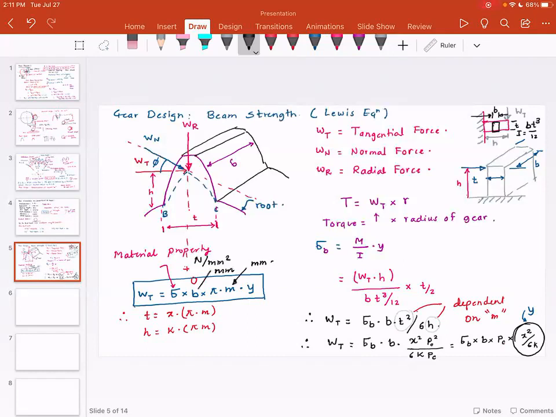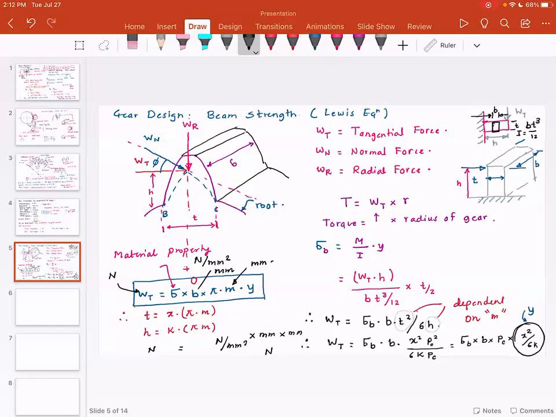So the units on the left-hand side match with the units on the right-hand side. On the right-hand side, you have Newton per millimeter square multiplied by millimeter, multiplied by millimeter. So you land up with Newton, and on the left-hand side, you have Newton.